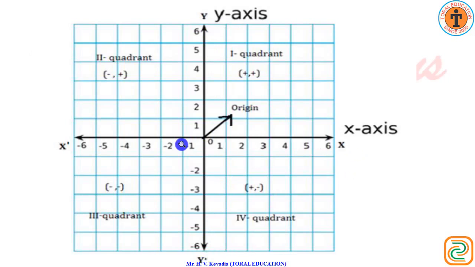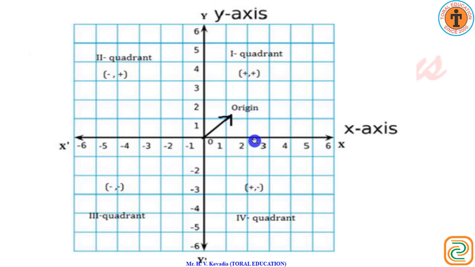The intersecting point is known as the origin and its coordinates are 0, 0, right? Starting from the first, this side is the first quadrant, this one is the second quadrant, this one is the third quadrant, and this one is the fourth quadrant.